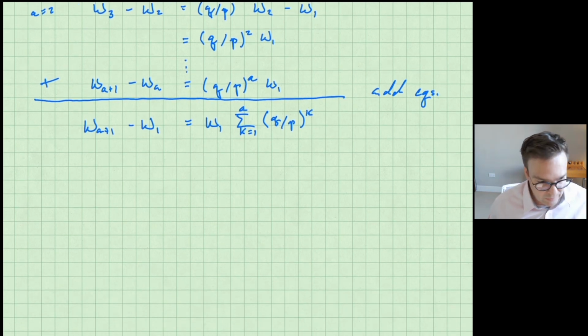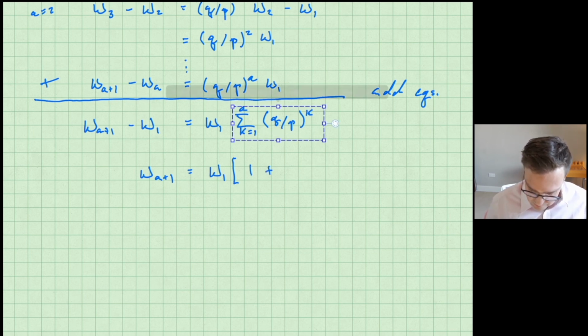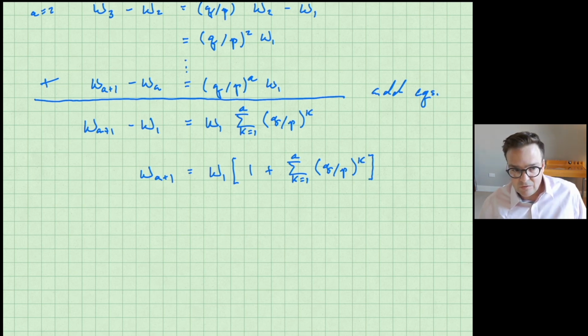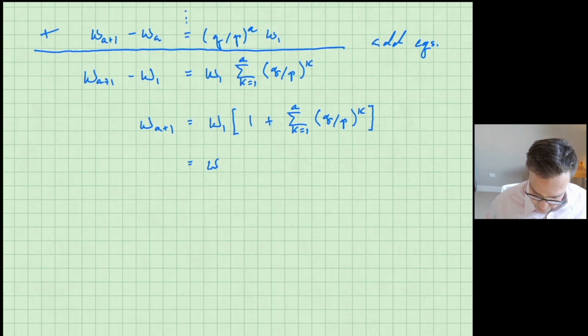So W A plus 1 on the left, and I move W1 onto the right-hand side. So I've got W1 times 1 plus the sum I had before. I can rewrite that sum as starting from 0, because q over p to the 0 is 1. So this is equal to W1 times the sum over k equals 0 to a of q over p to the k.